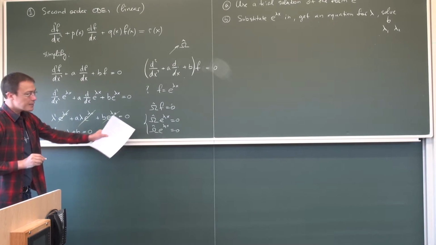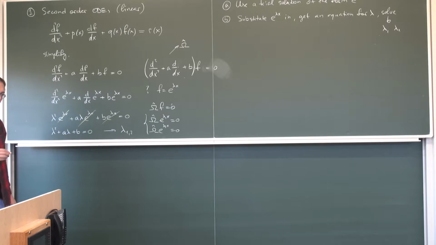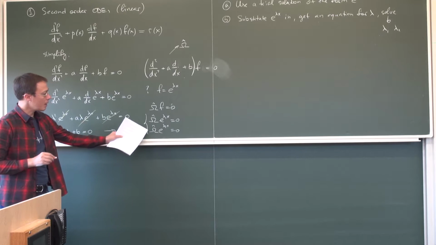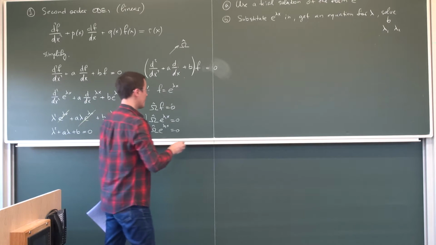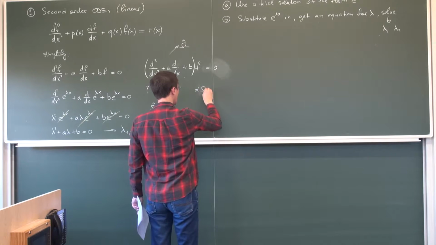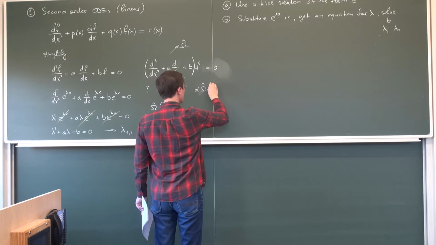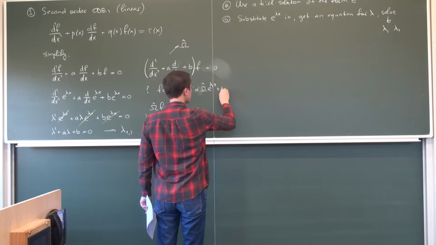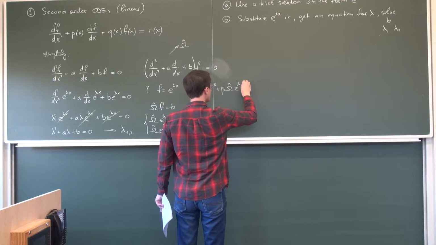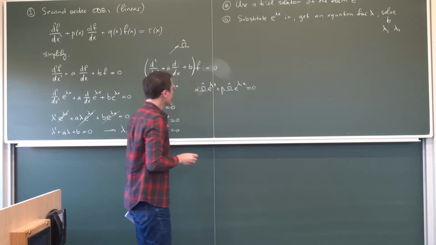Why don't we add these equations up with just some arbitrary coefficient? I'll multiply this equation by alpha and this by beta, and I'll add them up. We'll have alpha omega e^(lambda 1 x) plus beta omega e^(lambda 2 x), still a 0.